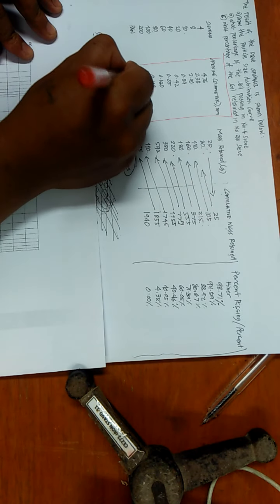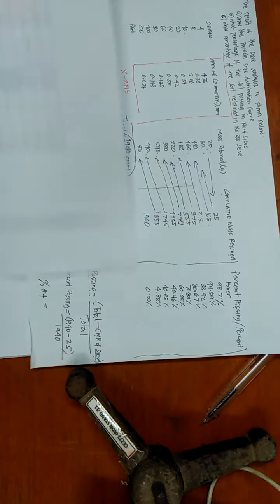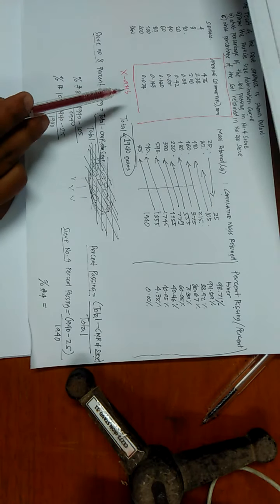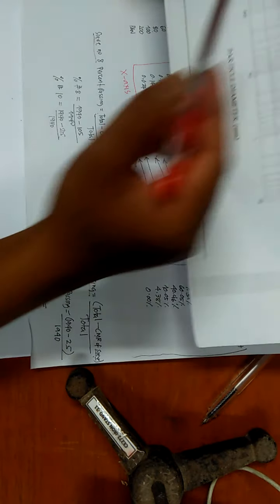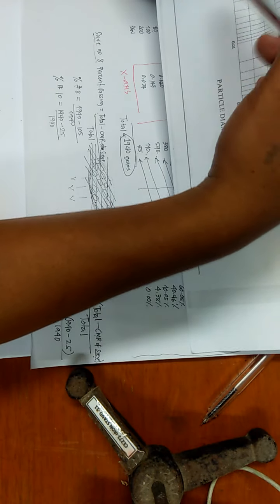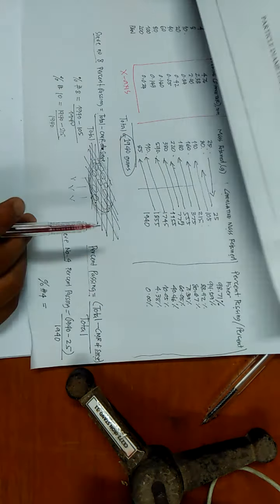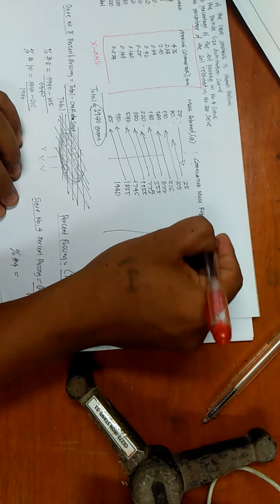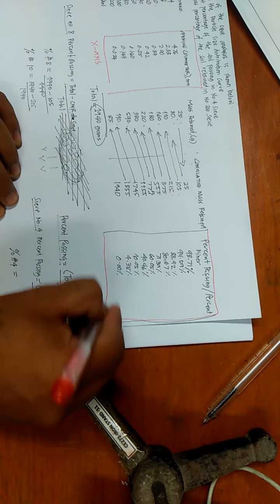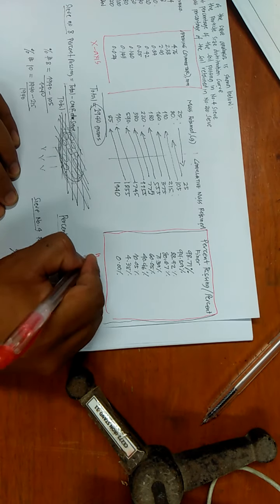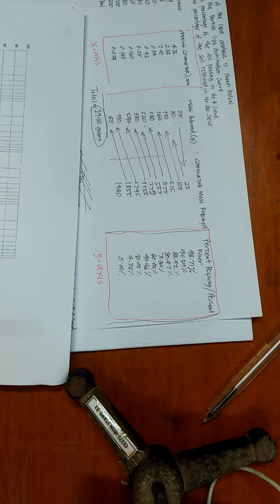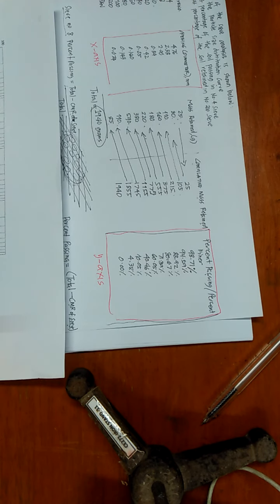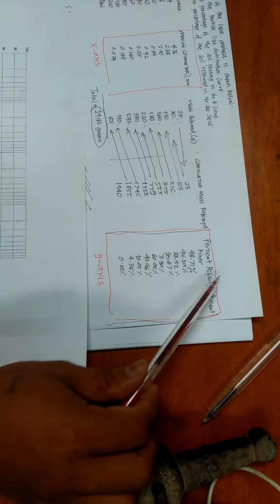Ito yung x-axis natin, the particle diameter. And then your y-axis, your ordinate, is percent passing. Your fifth column ito, percent passing. So again, you cannot draw the particle size distribution curve unless masolve mo muna dapat yung percent passing.